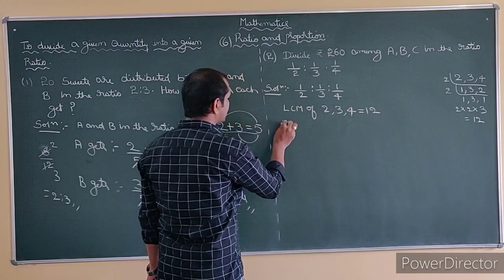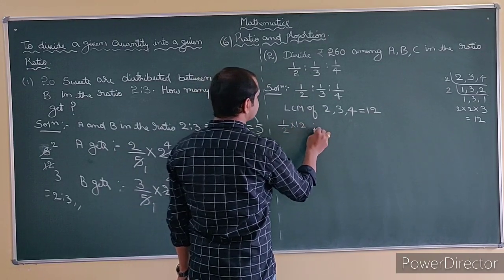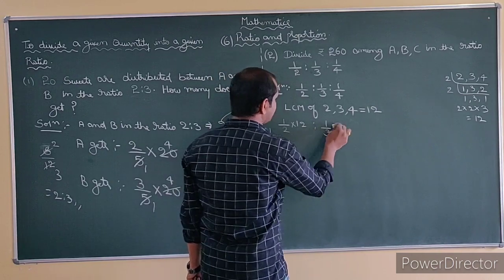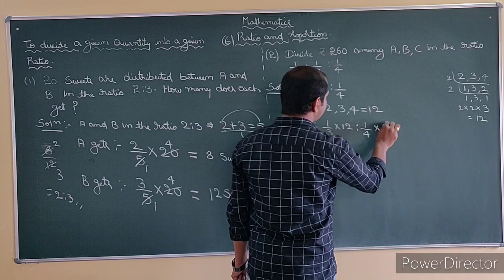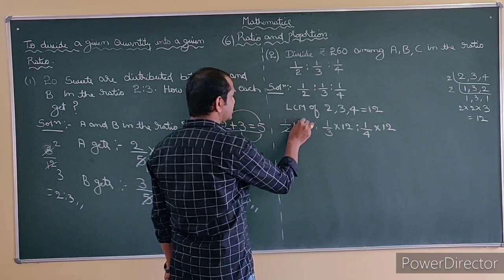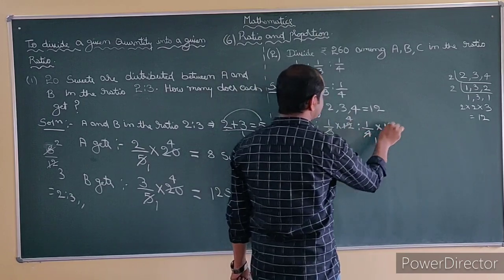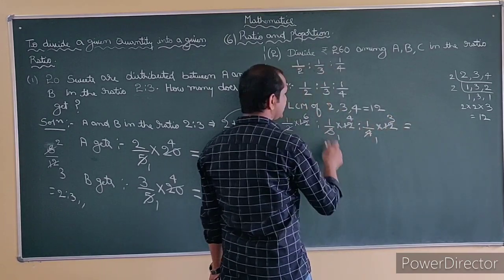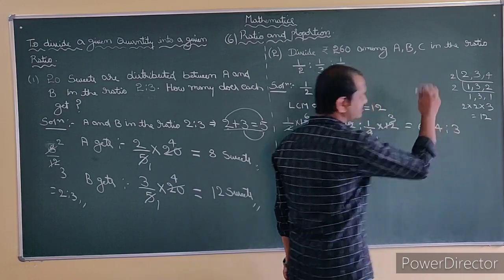So you need to take 1 by 2 into 12 is to 1 by 3 into 12 is to 1 by 4 into 12. So we have 2 ones are 2, 2 sixes are 12, 3 fours are 12, 4 threes are 12. So ratio is 6 is to 4 is to 3.